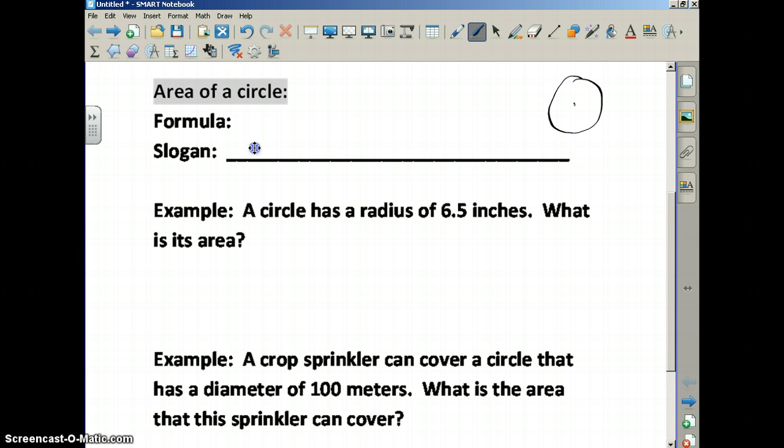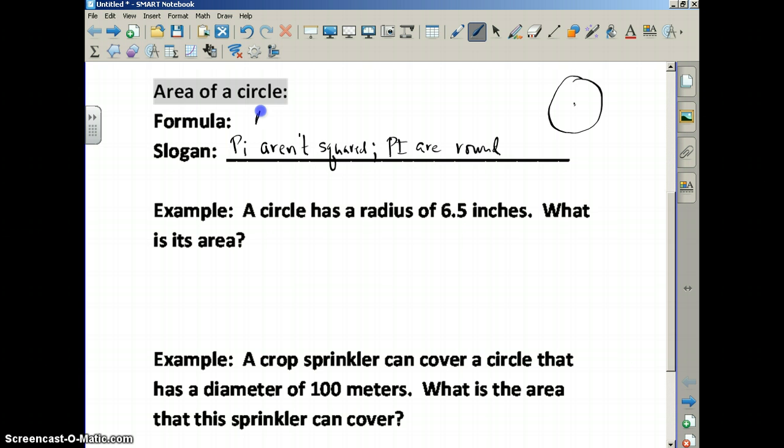And our slogan for the area of a circle is: pi aren't squared, pi are round. And then we can put the formula here.